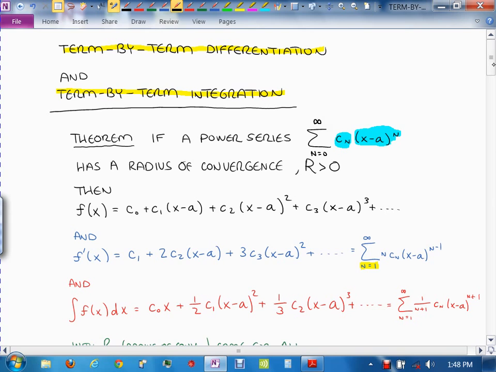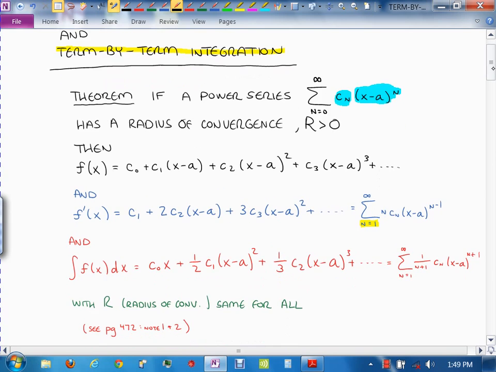Now, if you want to take the derivative of that function, since this is something plus something plus something plus something, you can take the derivative of each one individually. And they're all powers of x, aren't they? Which means they all qualify for the power rule. So look at what happens to each of these.